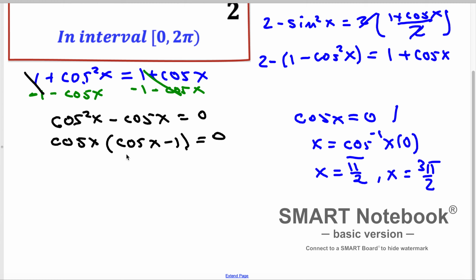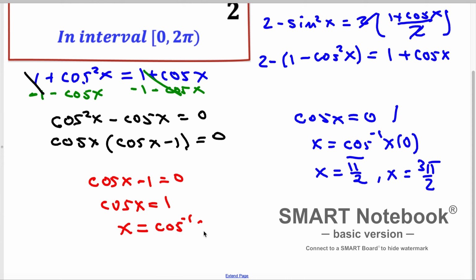But now we are taking this cosine x minus 1, so let me take a different color. And we are taking the other factor, cosine x minus 1 is equal with 0. We are going to add 1 to both sides, and cosine x is equal with 1. And x here is going to be the inverse cosine of 1.